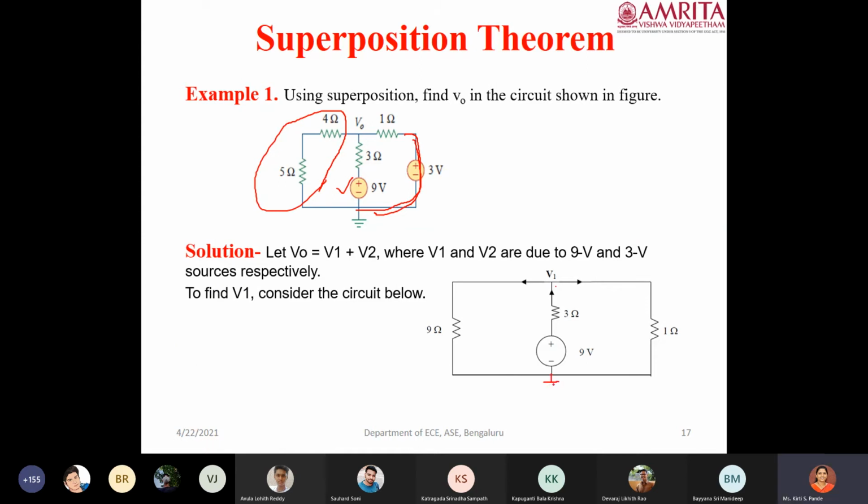Let this be ground. So how is the current flowing through this 9 ohms? Starting from V1 going up to 0. So V1 minus 0 by 9, correct?